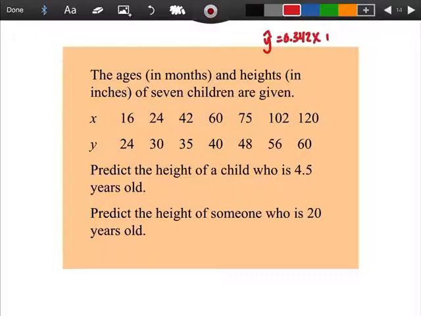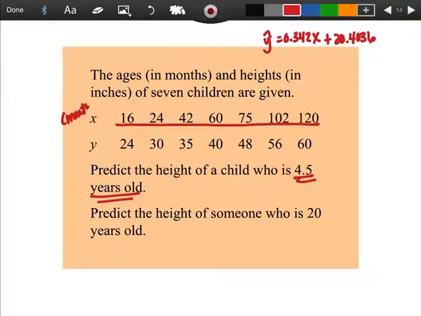Now we're going to use that prediction equation. Y hat is 0.342x plus 20.4036, and we're going to predict the height of a child who is 4.5 years old. Be careful here. All of these ages were in months, so we would need to convert 4.5 years. 4 years old is 12 months a year, 48 months.